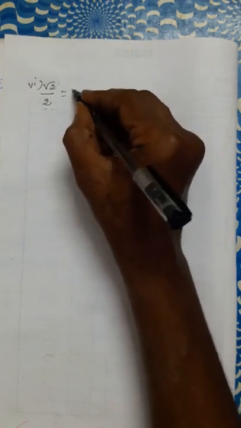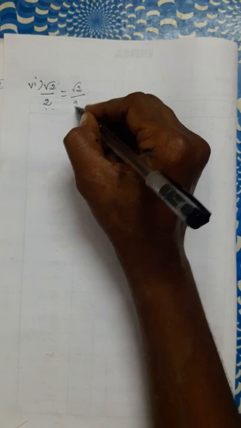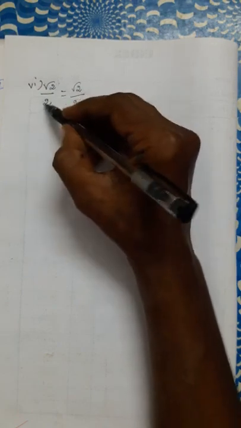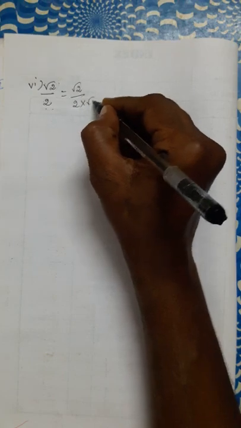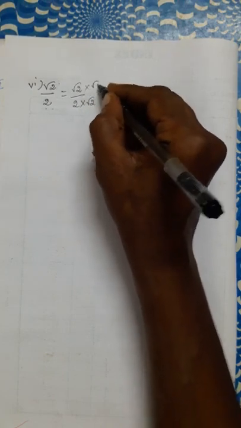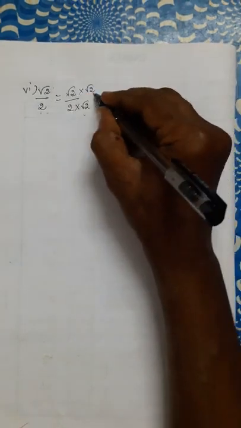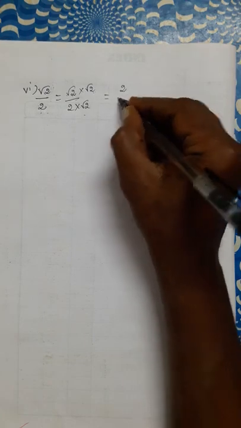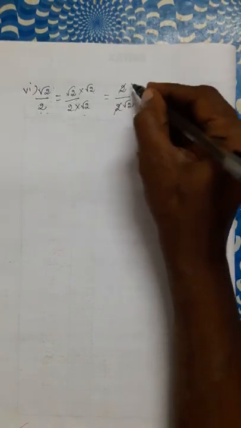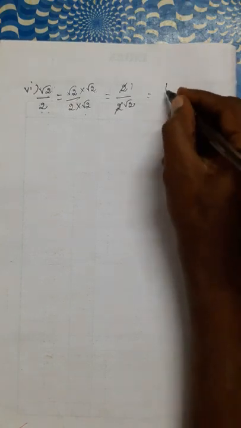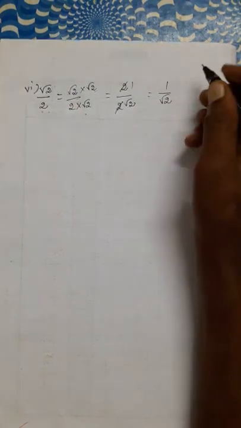Root 2 by 2 is equal to, numerator and denominator, we have to multiply by root 2. Root 2 into root 2 is 2, denominator 2 root 2. 2 and 2 we cancel. So we are getting 1 by root 2.